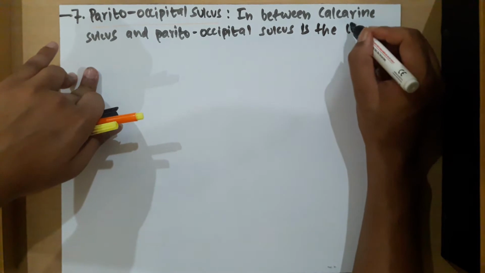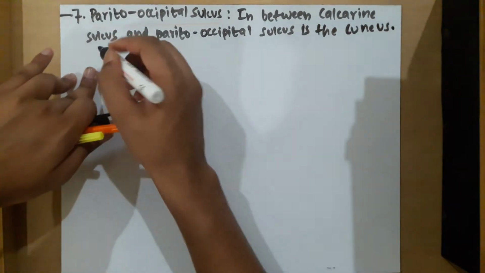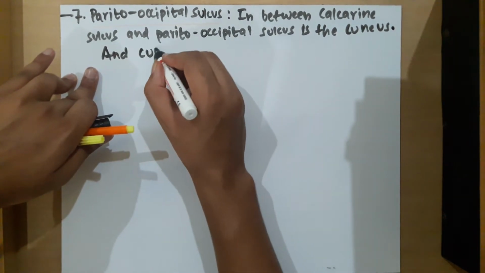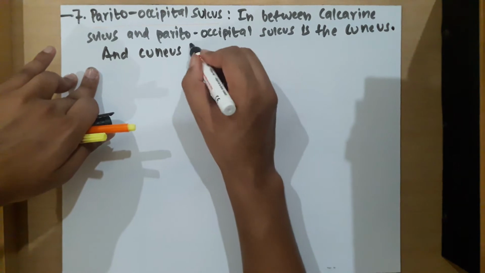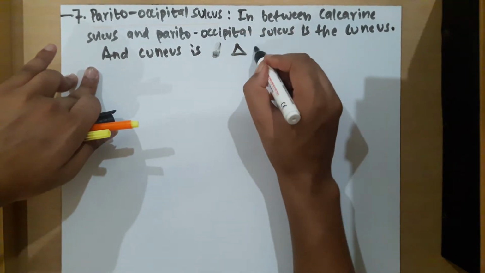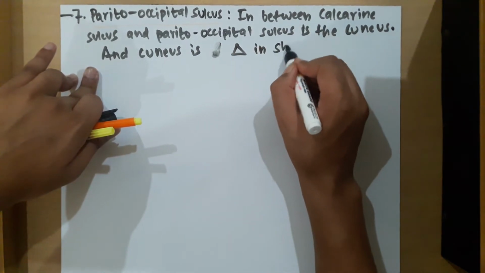Okay, and cuneus is triangular in shape. Triangular, I am just representing by a symbol. Triangular in shape.